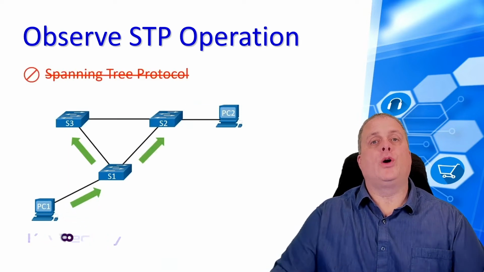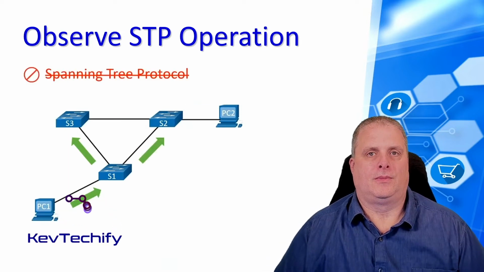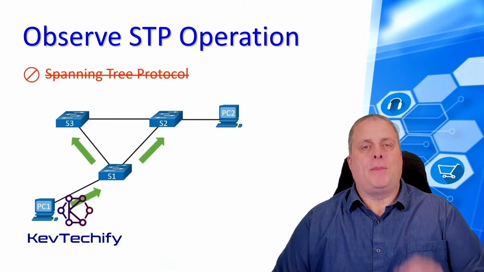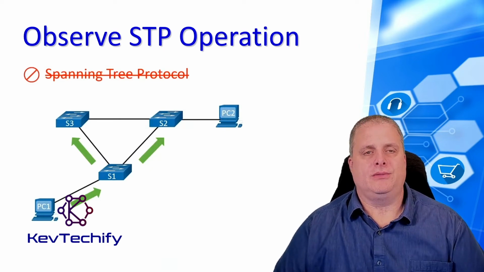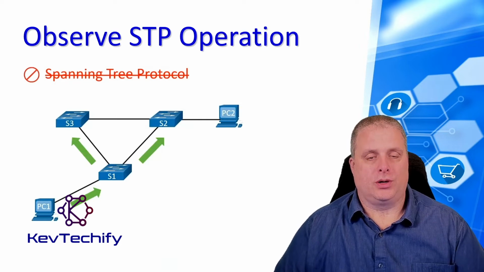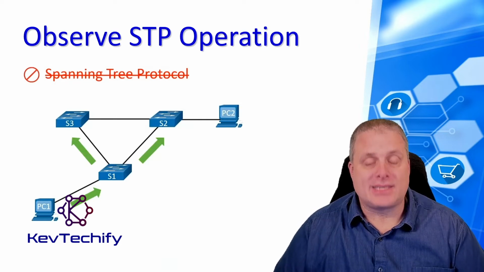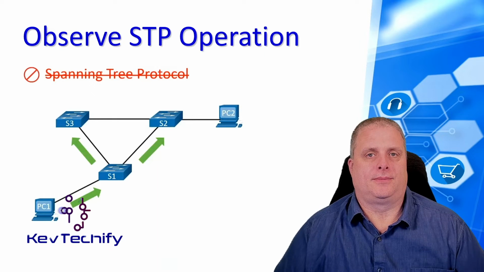What happens when we don't have spanning tree protocol? S1 will forward a packet to an unknown destination out of both ports, except for the one it came in on.